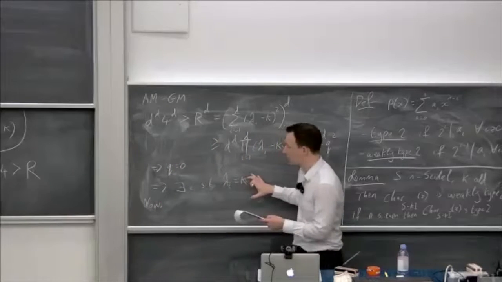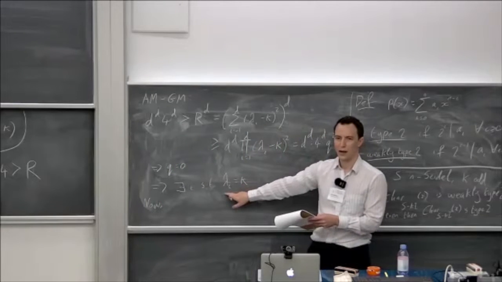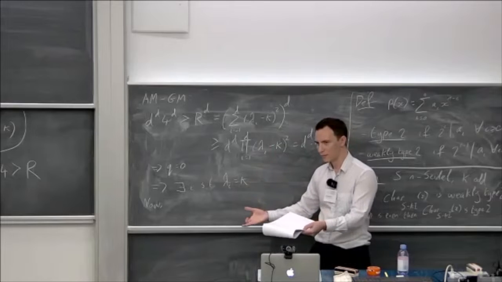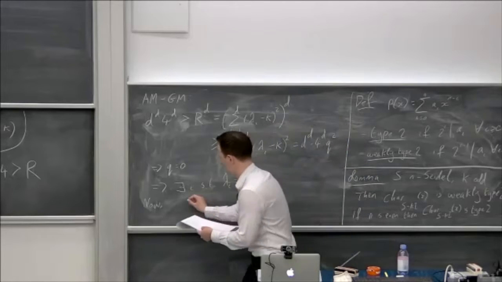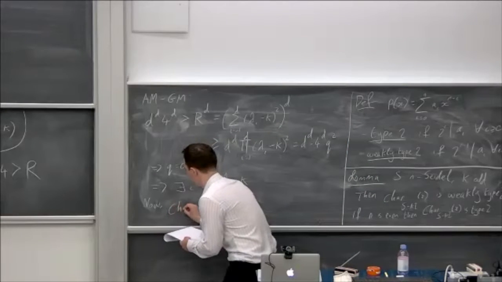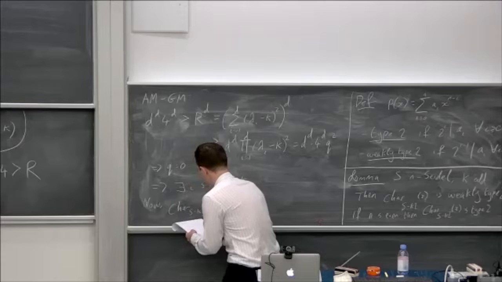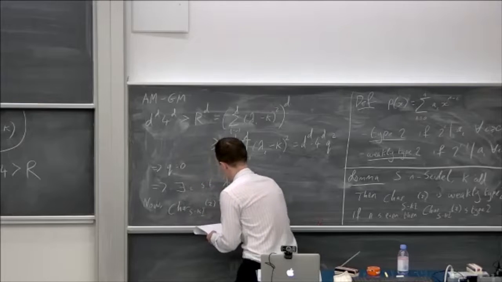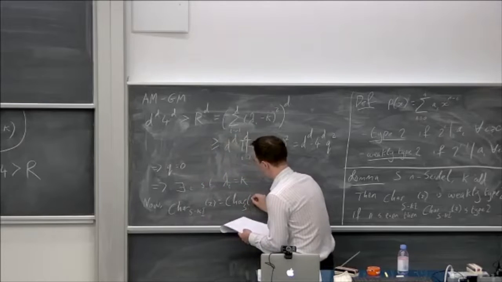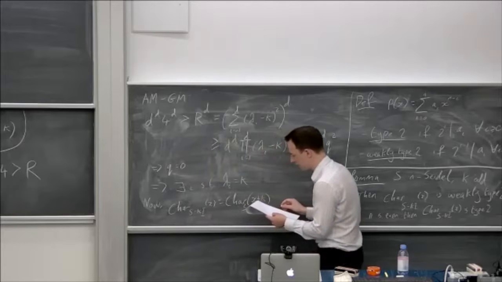So after we've established that one of the lambda i's is k, we can just repeat the idea. This time, if we write out what our characteristic polynomial of S minus kI looks like, it's just shifting the characteristic polynomial of S by adding k to everything.